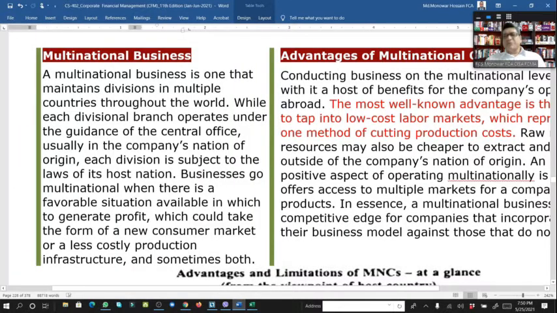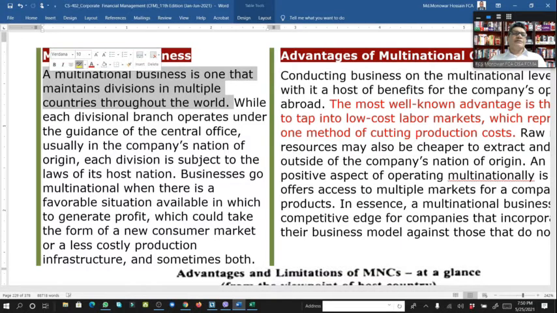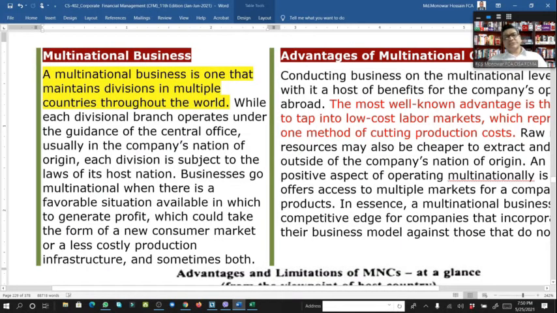A multinational business is one that maintains divisions in multiple countries throughout the world. Why are we saying multinational? Because it operates within different nations. While each branch or division operates under the guidance of a central office, that means the holding company, usually in the company's nation of origin, its division is subject to the law of the host nation.